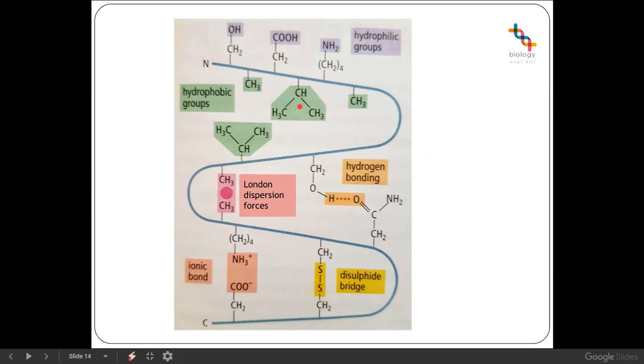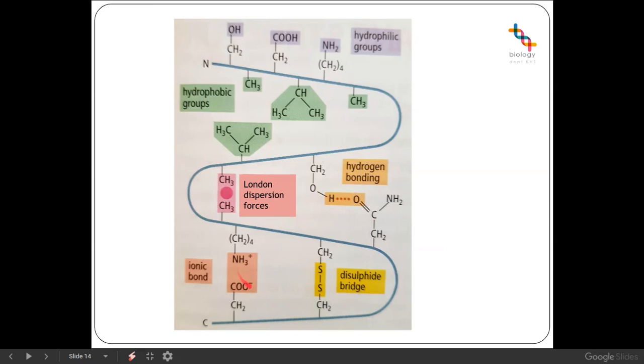On the other hand, our hydrophobic R groups, where they're present, are going to align themselves to the inside of the structure. Now we also have something referred to as London dispersion forces, and these are weak attractions between the electron clouds of atoms, and hydrogen bonds happen to be a particularly strong example of those. We also have ionic bonds, which are going to form between ionized acidic and basic groups.